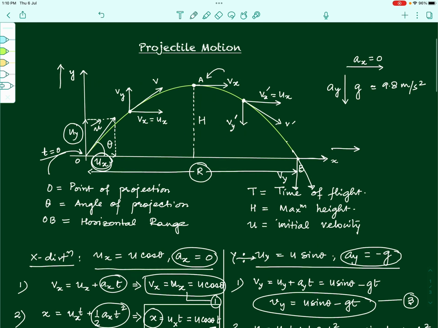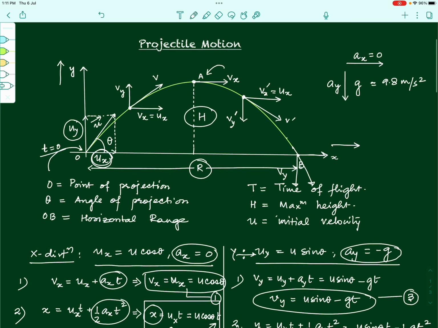It has only x directional velocity remaining with it. So, the y directional velocity goes to 0, and what we are looking for is the y directional displacement of the projectile at that point. See that maximum height of the projectile, which is the height of the point A from the ground, is nothing but the y directional displacement of the projectile when it is at the point A, isn't it so?